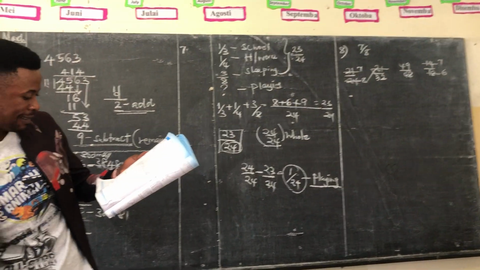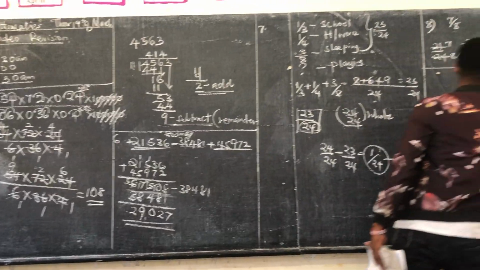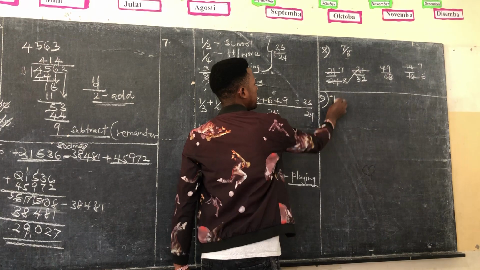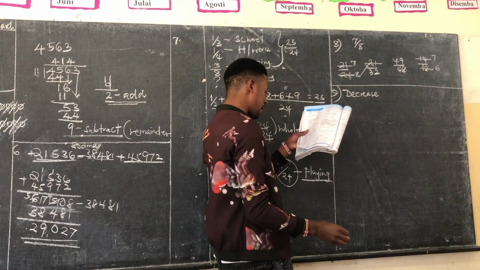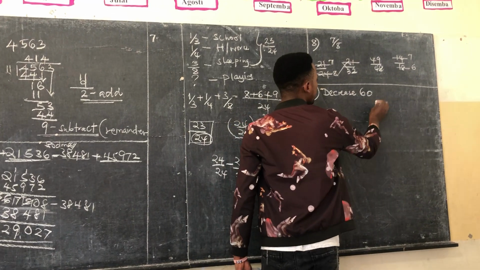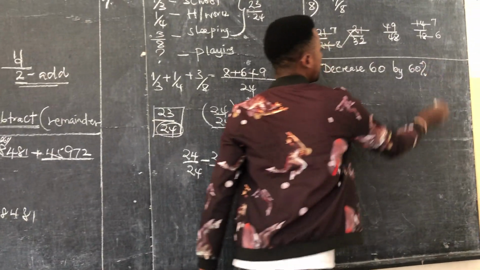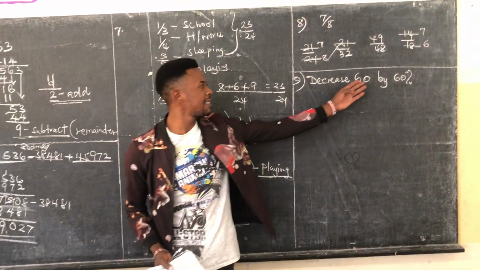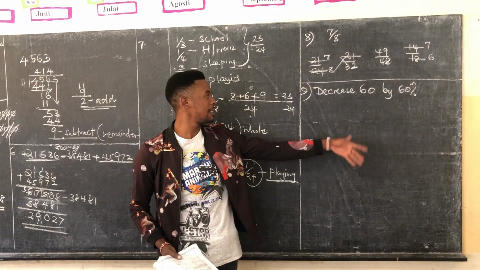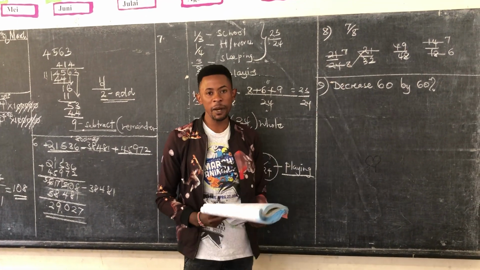Number 9 was: decrease 60 by 60%. Now let's say maybe 60 shillings, 60 goats, 60 cattle, 60 books. You're decreasing by 60%.